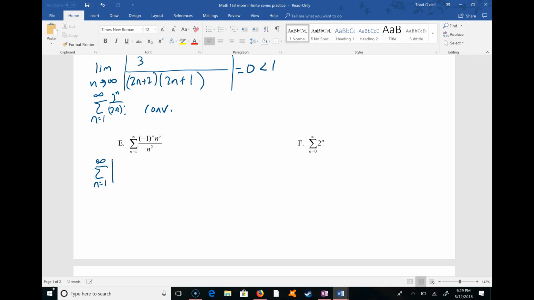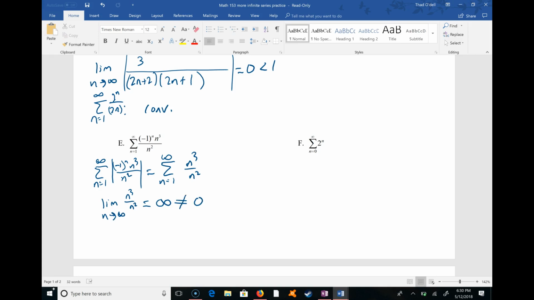So if I take absolute convergence of this, that would be equal to the summation of n cubed over n squared. And if we talk about just this guy for a minute, we know that the limit of n cubed over n squared as n approaches infinity is infinity, which is not equal to 0.